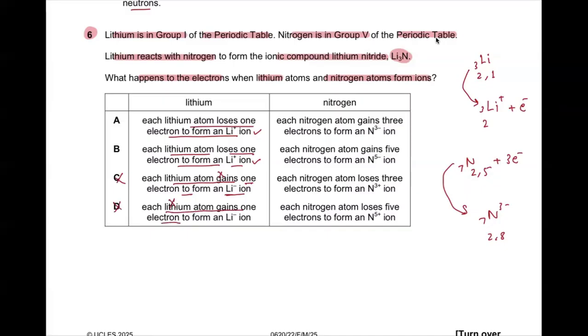So C and D go wrong. Each nitrogen atom gains 3 electrons to form a nitride ion. That's what we have seen. Each nitrogen atom gains 5 electrons? No, it has 5 electrons in its valence shell and it is going to gain only 3 electrons. So B goes wrong as well, and we are left with option A. So A is the correct answer.